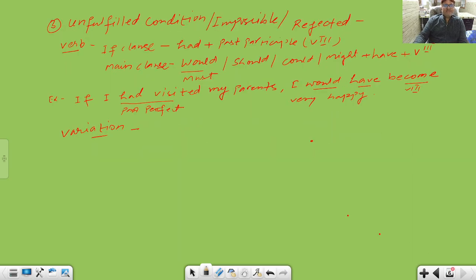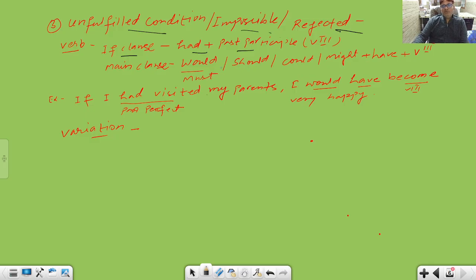Now the third condition is called unfulfilled condition, or impossible condition, or rejected condition. These are the titles and names we give to this condition. Unfulfilled in the sense that it remains unfulfilled. The if clause takes had plus past participle, that is past perfect tense.